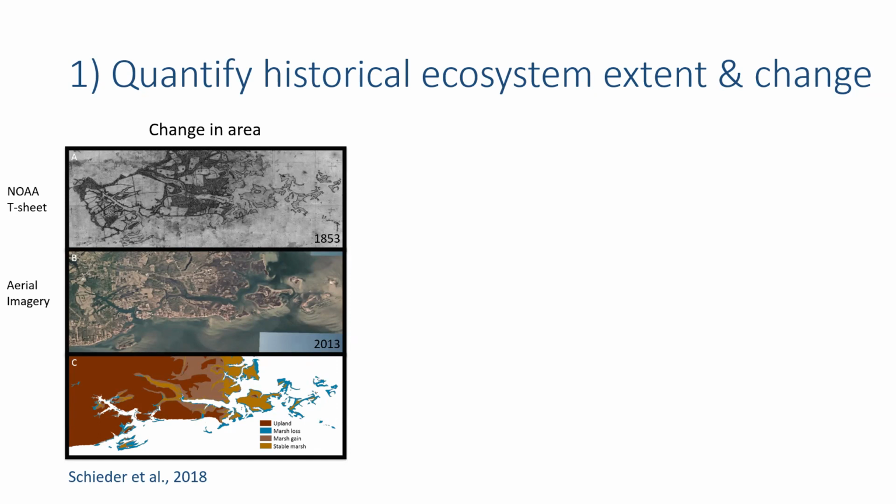And so these authors in ArcGIS outlined marsh and upland areas in 1853 and again in 2013 to see where marsh had been lost from erosion at the seaward edge and to see where marsh area had been created through the conversion of uplands to marsh. They then compared these areas of change between the two time steps and created a map, this bottom image, to identify areas of marsh loss and marsh gain.